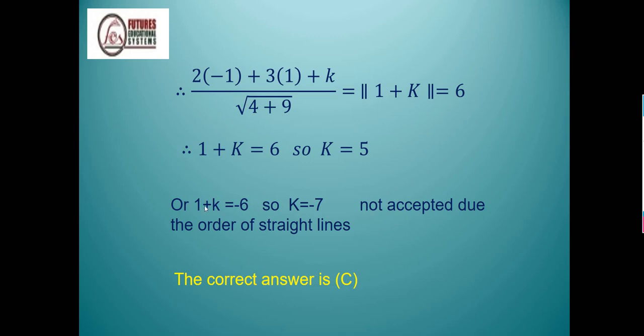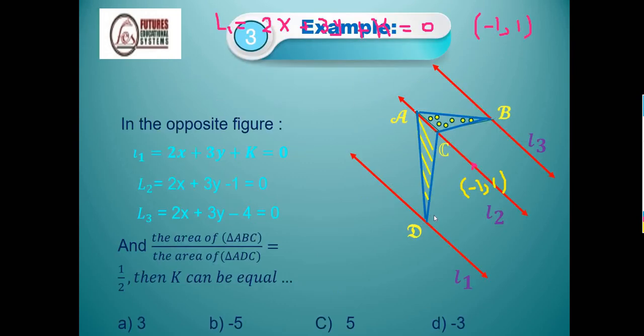Direct substitution in the rule of perpendicular. Since the distance between the straight line L2 and L1 equals twice the distance between the straight line L2 and L3, and we consider the point -1, 1 lies on the straight line L2, therefore, direct substitution in the equation.